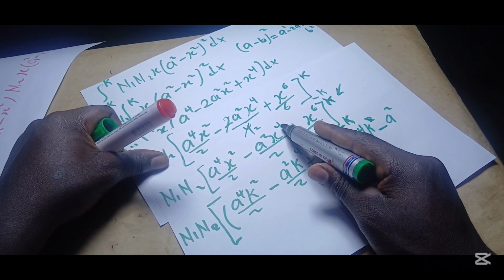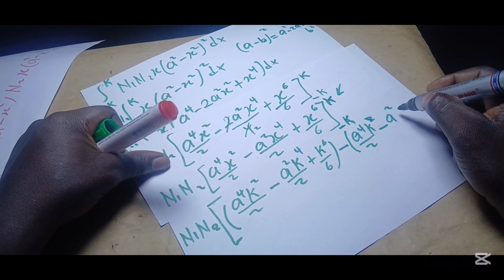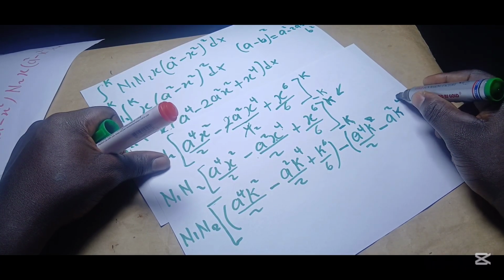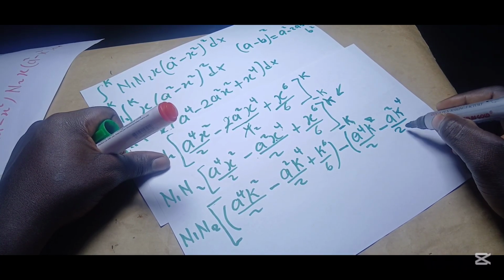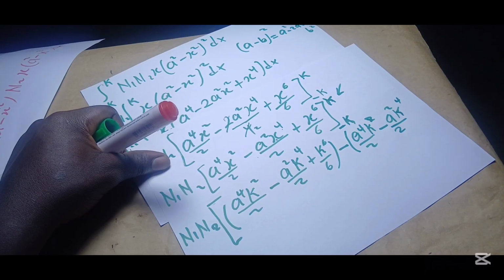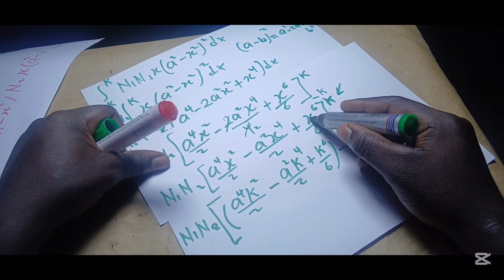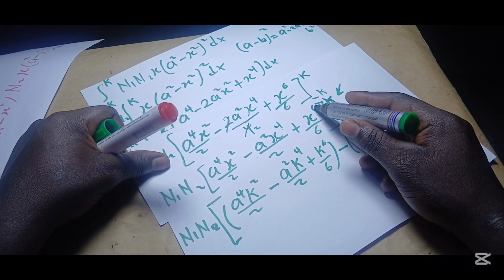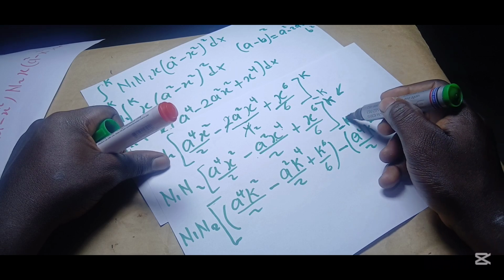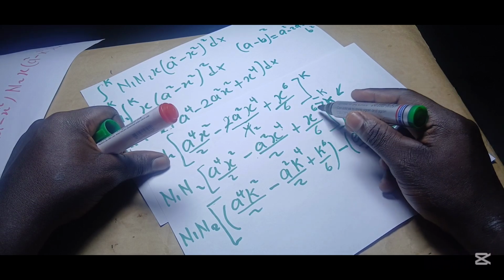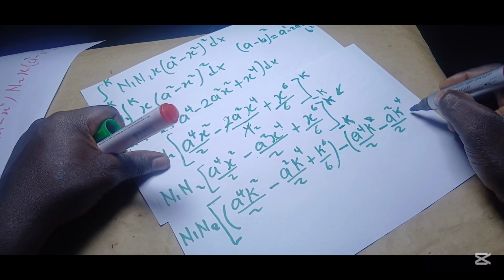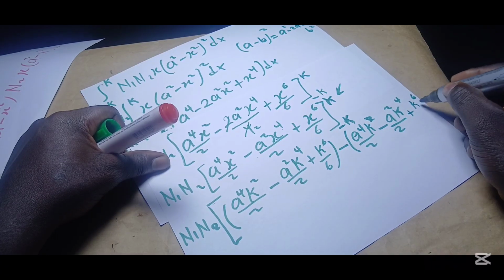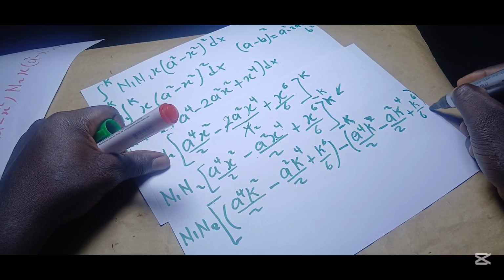Since the power is even, we are going to get positive k to the power 4, all on 2. And then here x to the power 6. Since the power is even, replacing it by negative k gives us positive k to the power 6, all on 6, plus positive k to the power 6, all on 6. Remember, they are multiplied.